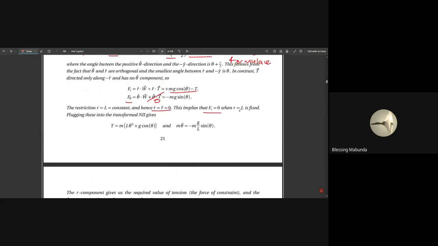And T is equal to mL theta dot squared plus mg cosine theta, and m L theta double dot is equal to minus mg sine theta.